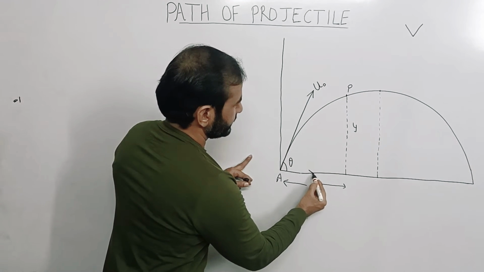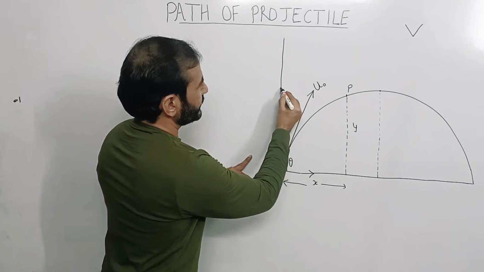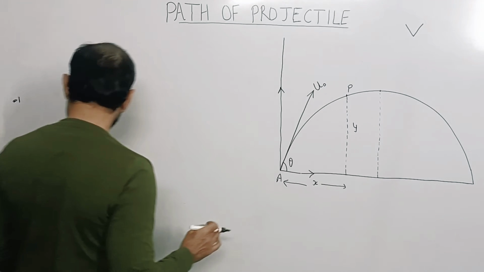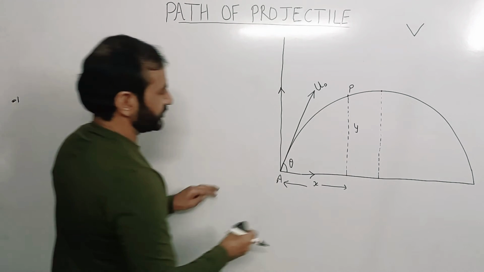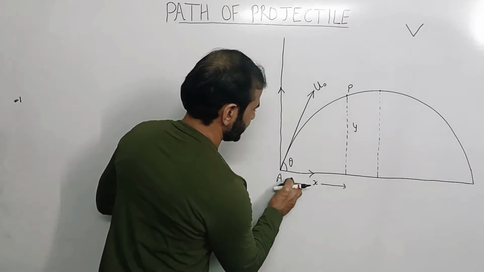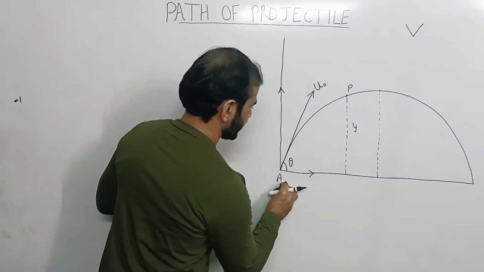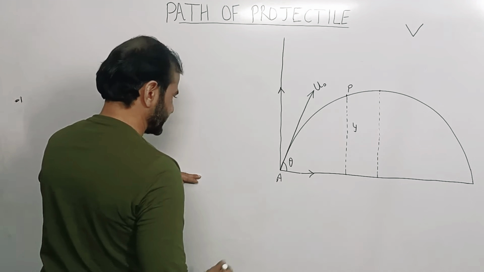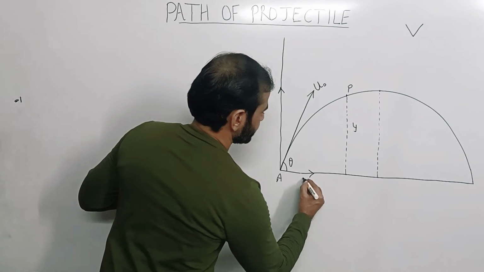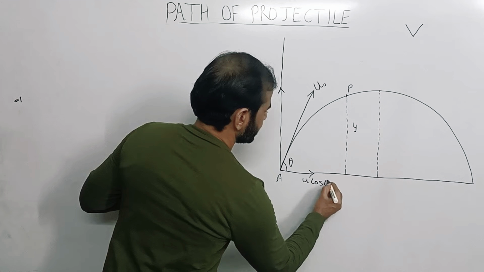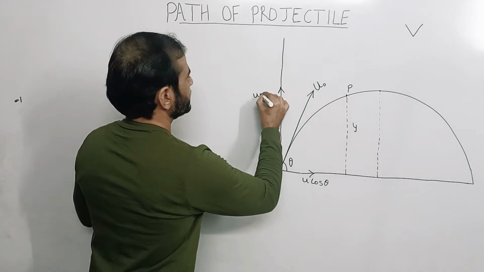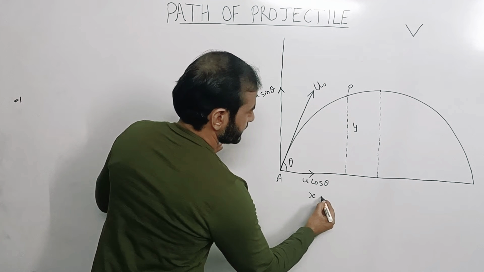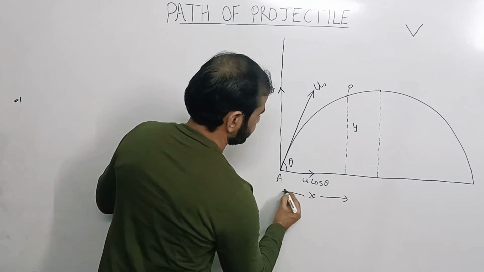Horizontal component will be this and vertical component will be this. Horizontal component will be u cos theta, I think you know all. And vertical component will be u0 sin theta. This is u cos theta. This is u sin theta, and this distance is x.